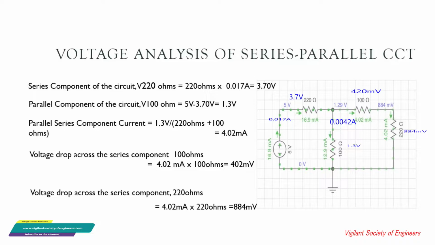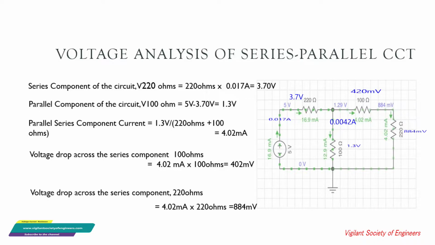In order to do that, we take the voltage supplied across that portion of the circuit, which is 1.3, and divide by the total resistance. That yields, for the series section of the parallel combination, 4.02 milliamps.